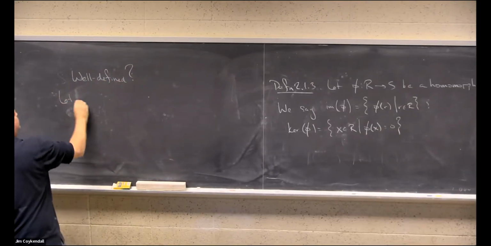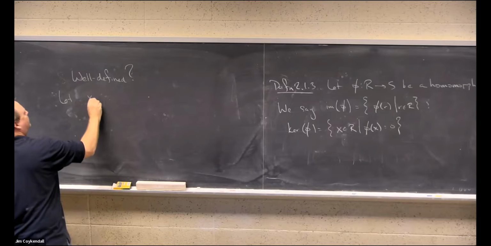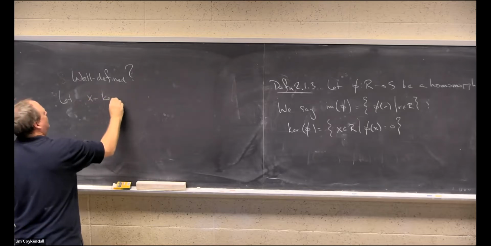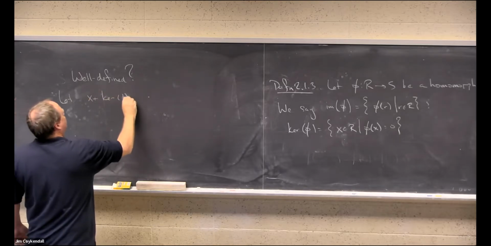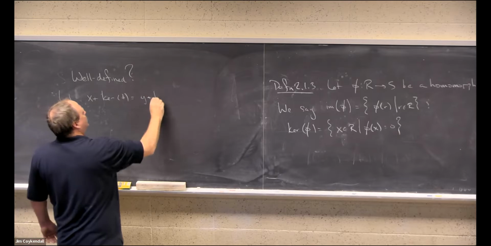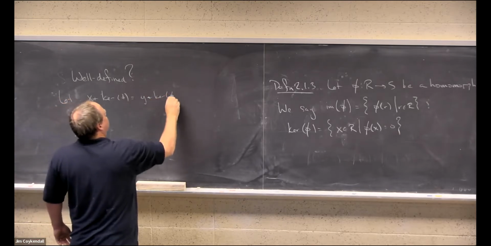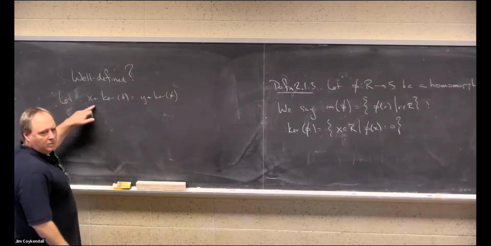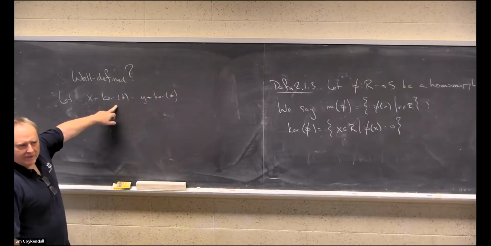So let's let x plus the kernel of φ equal y plus the kernel of φ. So let's pick two representatives out of the same coset.